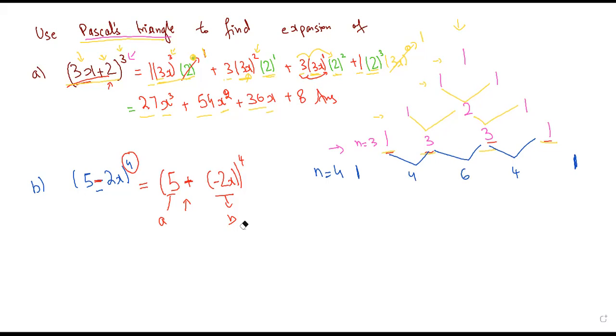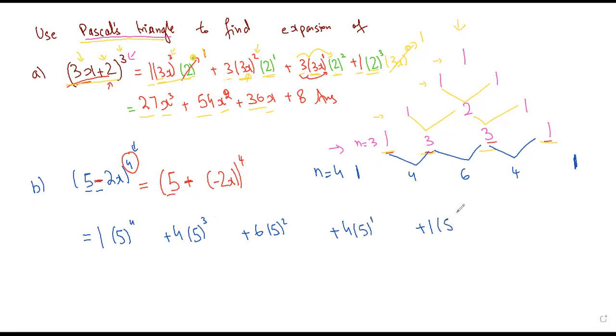So I'll directly write the coefficients first. This is going to be 1 plus 4 plus 6 plus 4 plus 1. Then I'll write the first one, that is 5 to the power 4, and then 5 to the power 3, then 5 to the power 2, then 5 to the power 1, and then 5 to the power 0.